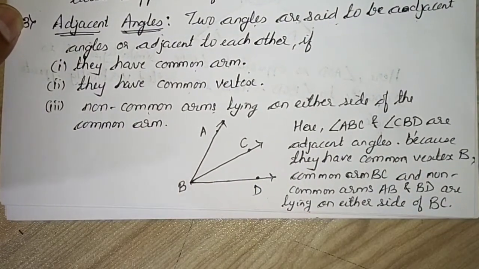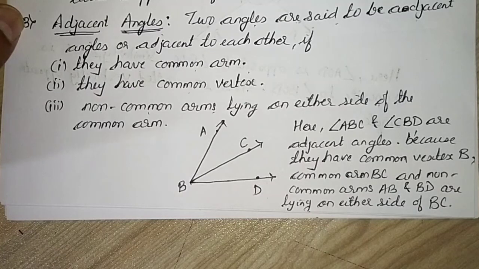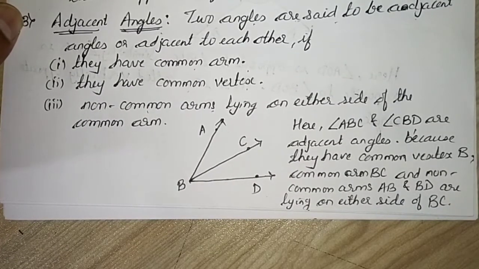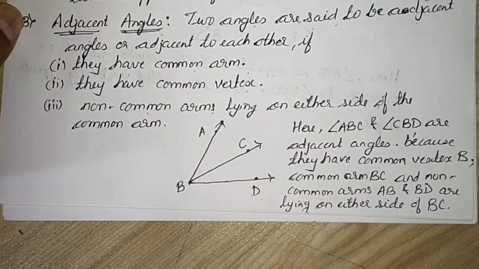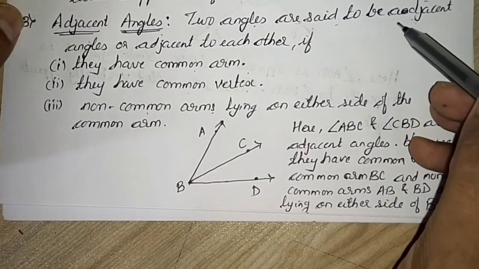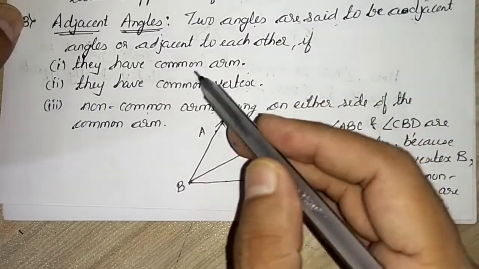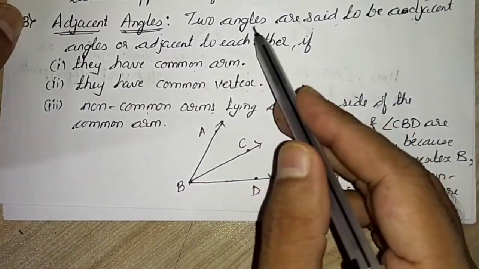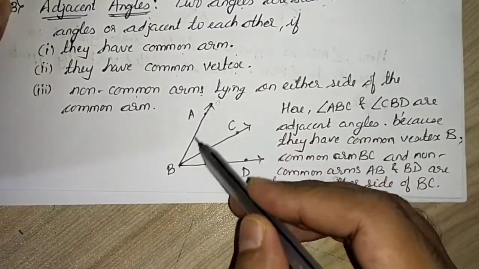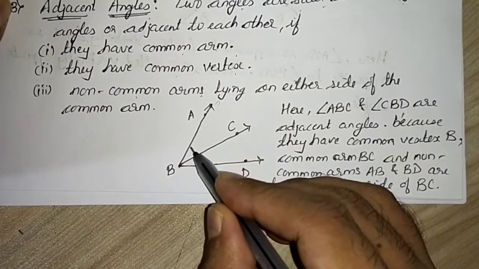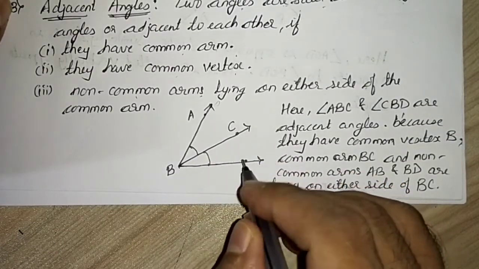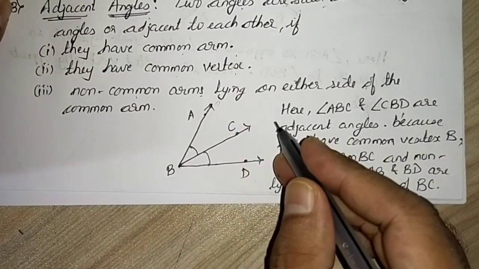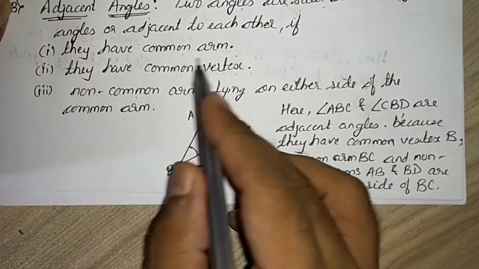I told you earlier, while explaining angles, that angles have two arms. Now see, the angles I am taking are ABC and CBD. They are said to be adjacent if they have a common arm.